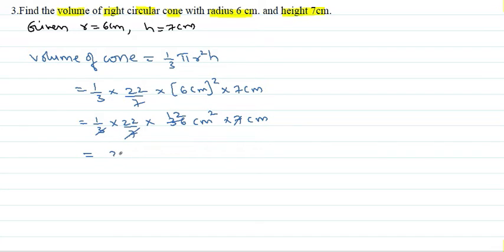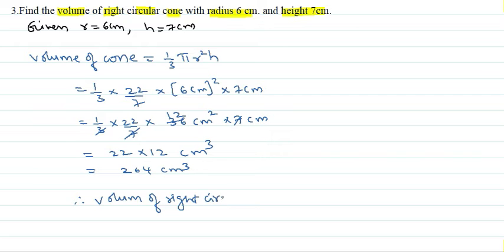So we are getting 22 into 12 centimeter square into centimeter, we are getting centimeter cube. So 22 into 12 is 264 centimeter cube. Therefore volume of right circular cone is equal to 264 centimeter cube.